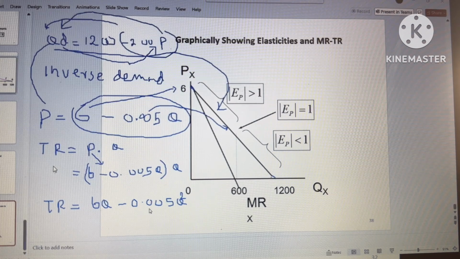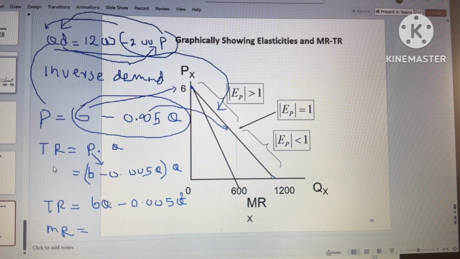Okay. Now to get MR, marginal revenue, you have to take the derivative of this equation. I'm not going to teach you derivative techniques, right?